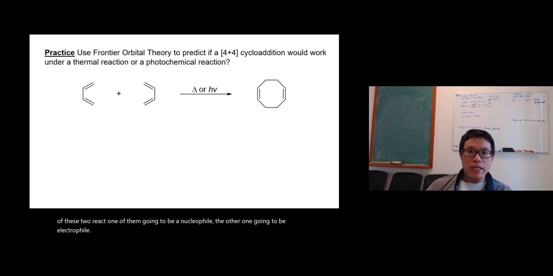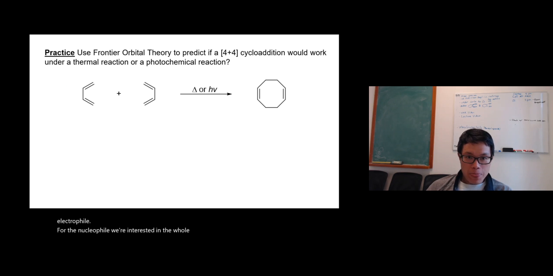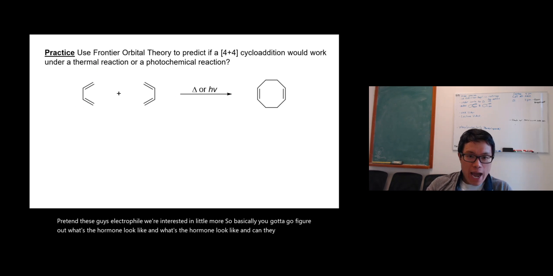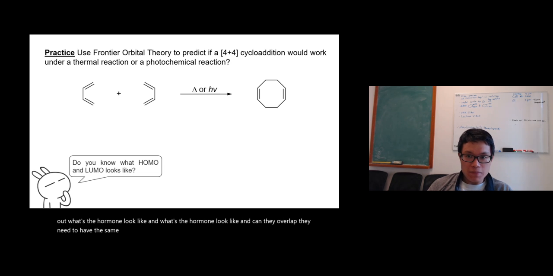For the nucleophile, we're interested in the HOMO. What does it look like? For the electrophile, let's pretend this one is the electrophile, we're interested in the LUMO. So you're going to figure out what the HOMO looks like and what the LUMO looks like, and whether they can overlap. They need to have the same phase. That's all I can say. Let's check with me in the next video.